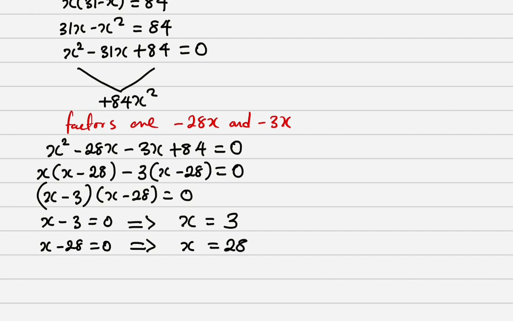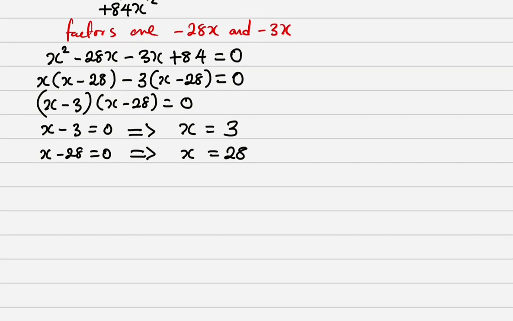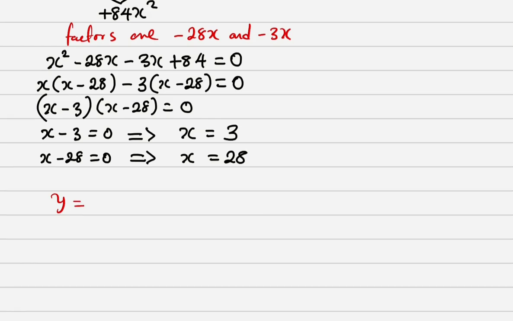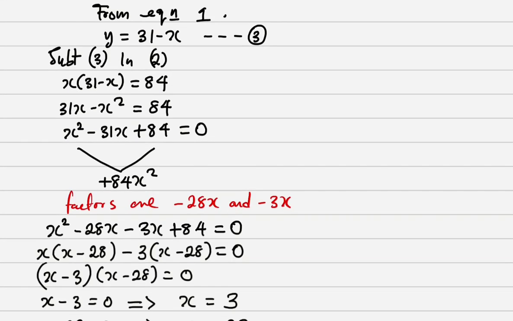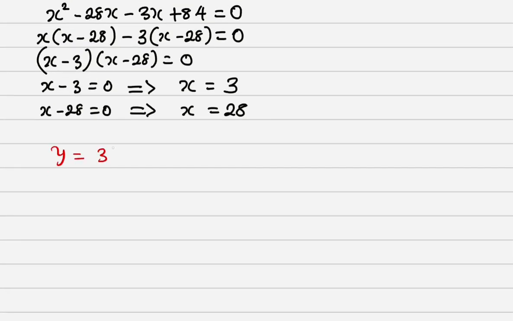So I have two values of x. But remember, I have equation 3, and my equation 3 says y is equal to 31 minus x. Therefore, I cannot continue. When x is equal to 3, my y will be 31 minus 3, which is going to give me 28.